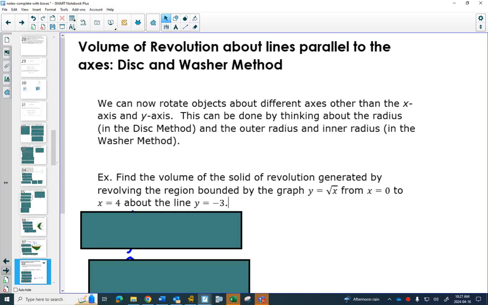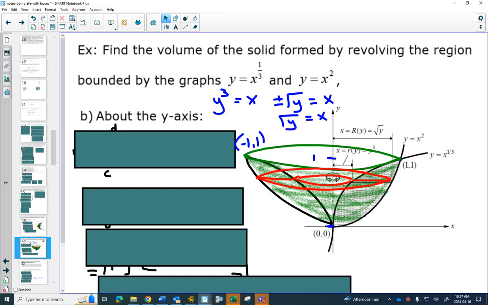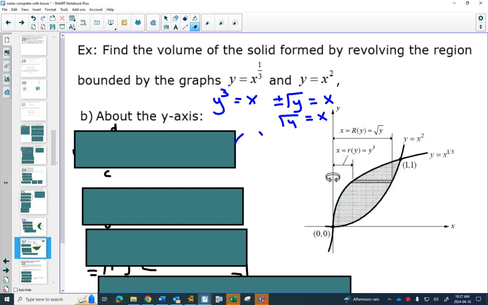Now we're going to do the same thing, but see what happens if we don't go around just the regular x-axis or y-axis. Let's say this graph, I'm going to erase things here, and put a line here, and say I want to reflect this thing over that line. It would still make a volume. Can you see the new volume?